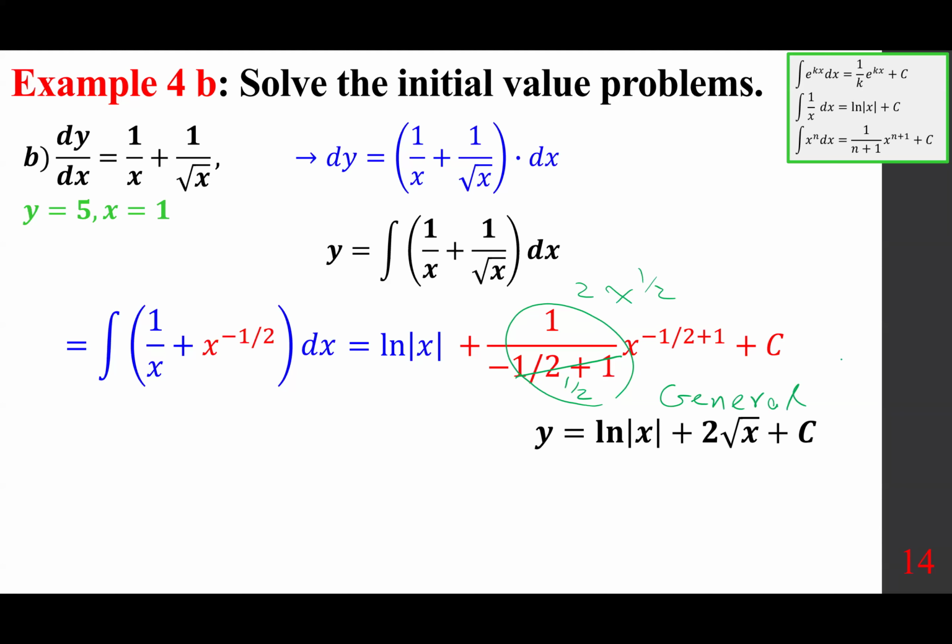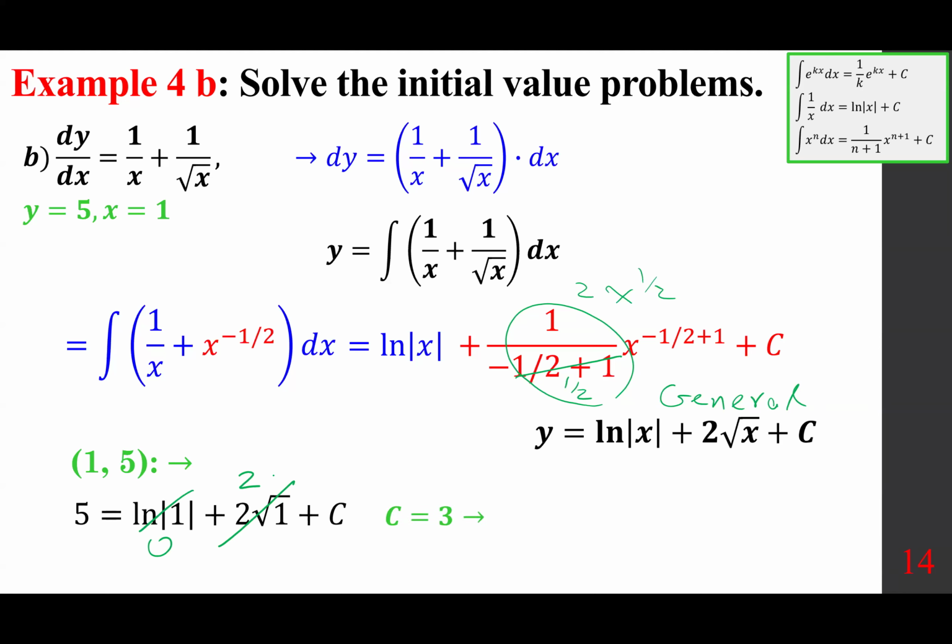We have a pair 1, 5. And we are going to plug in to find one of those functions by finding the value of c. So if I replace the x with 1, I get ln 1, which is 0, and this is 2 times 1 is 2. 2 plus what number is 5?